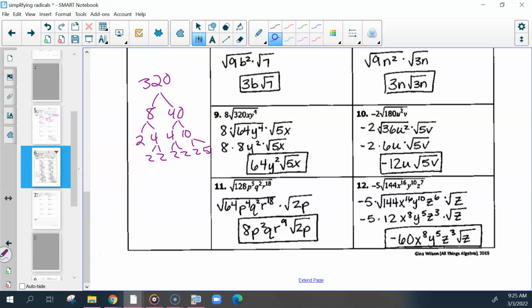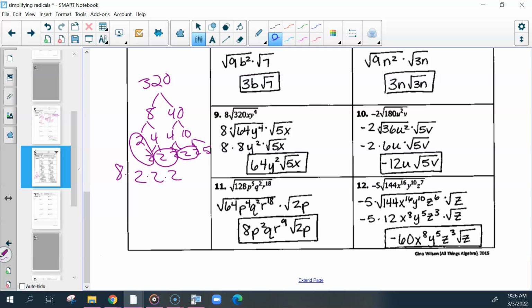Right, so we have one pair of 2s, another pair of 2s, another pair of 2s. So we have 2 times 2 times 2. There was already an 8 at the beginning, which is why we got 64. This would be 8. 8 times 8 is 64.